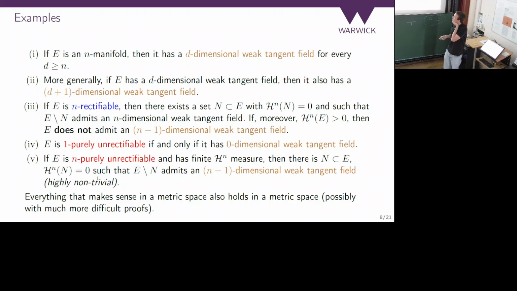I can't get into the details, and whether in this case you can forget about the set N is completely open, as far as I know, other than if you're in R2 and n equals 1, in which case you don't need to remove the null set.